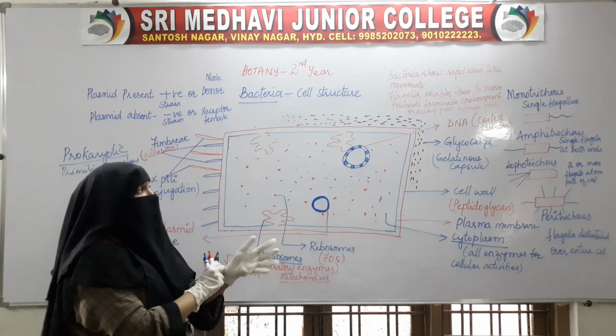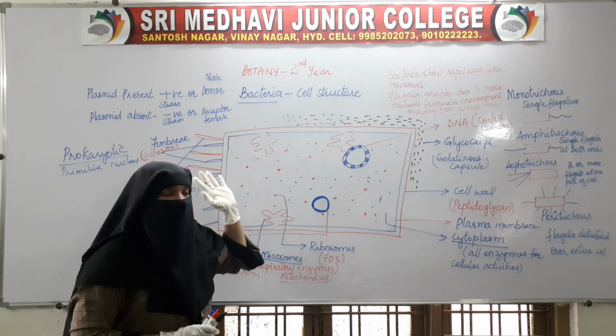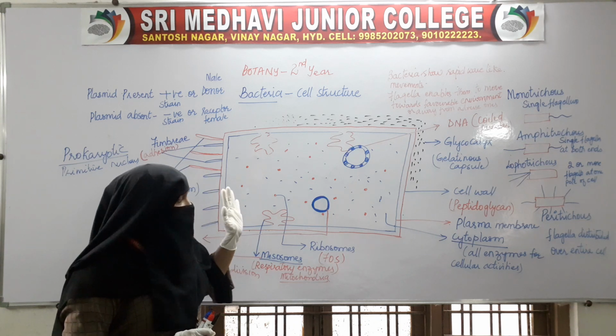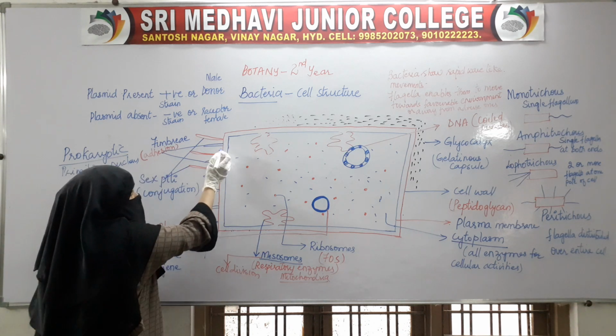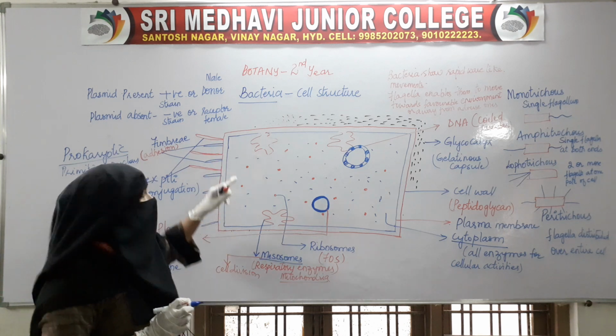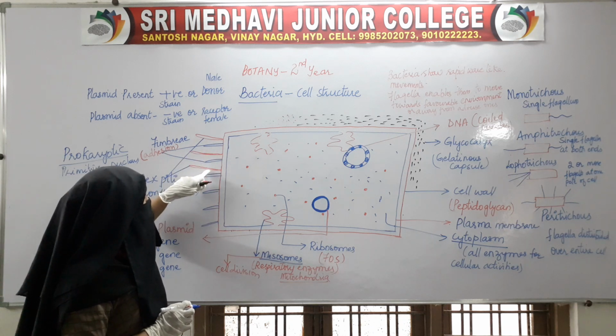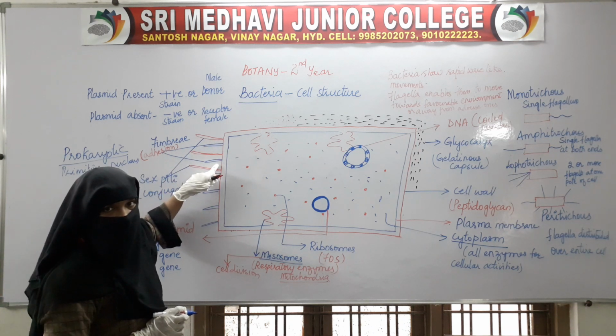Now, these are the general structures present in a prokaryotic cell. Apart from this, on the cell wall, small finger-like projections, which I am representing here with blue, will be present.